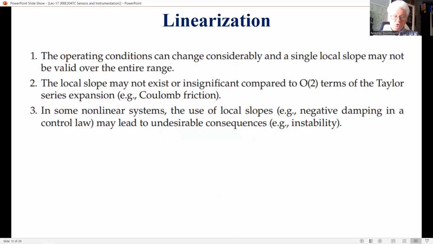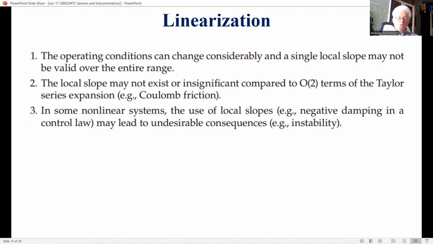A popular method of linearization of nonlinear devices considers a local behavior over a small operating range. This local linearization is straightforward, but is not generally applicable due to such reasons as follows. First, the operating conditions can change considerably, and a single local slope may not be valid over the entire range.